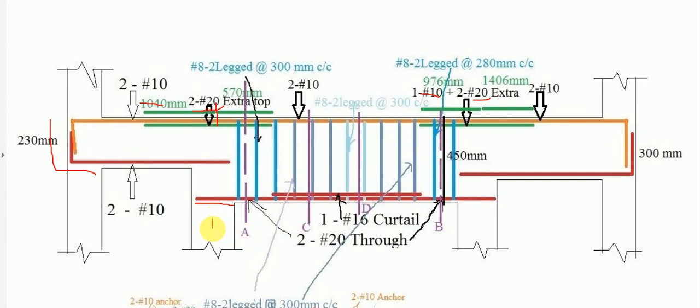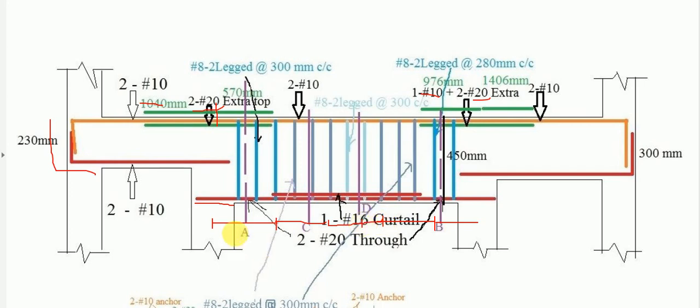The first zone, that is the zone of design shear reinforcement, here LS1 is to be shown, then LS2, the zone of minimum shear reinforcement, and then LS3, that is the zone of nominal shear reinforcement. Similarly, from this support also it will be considered as design, then minimum, and then nominal.